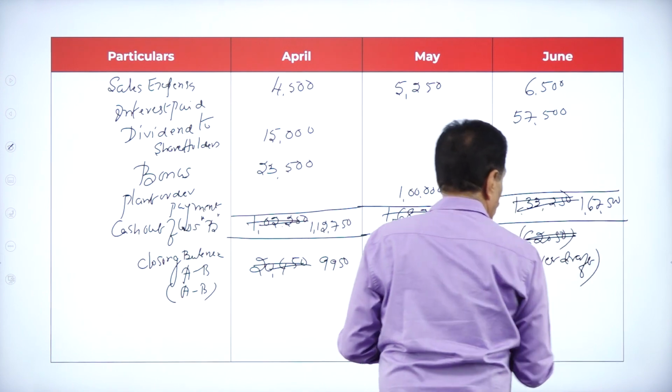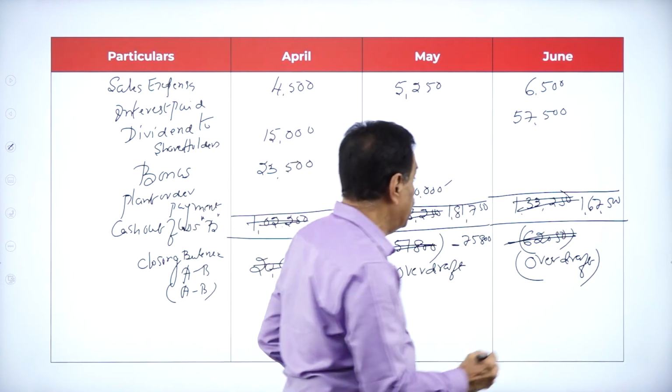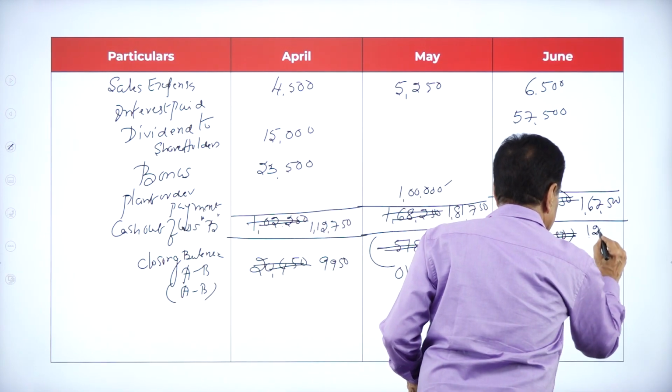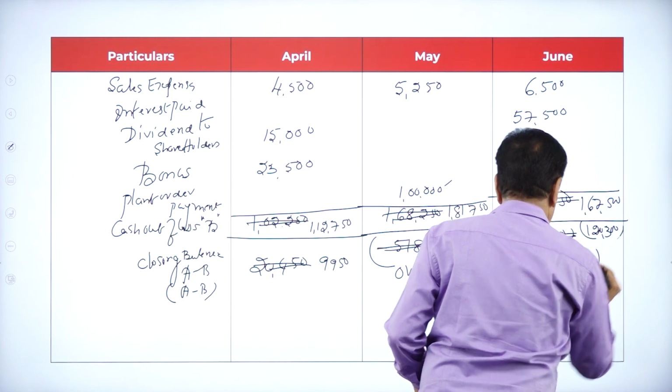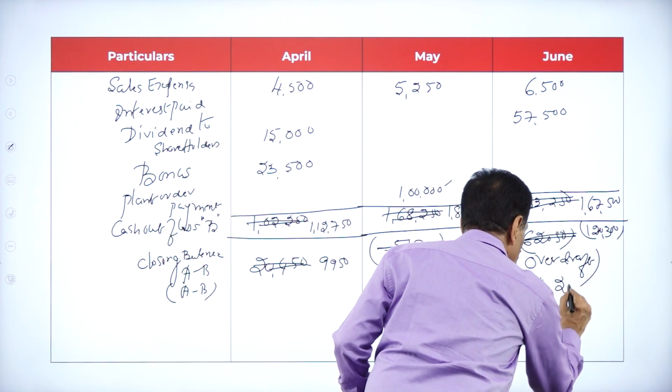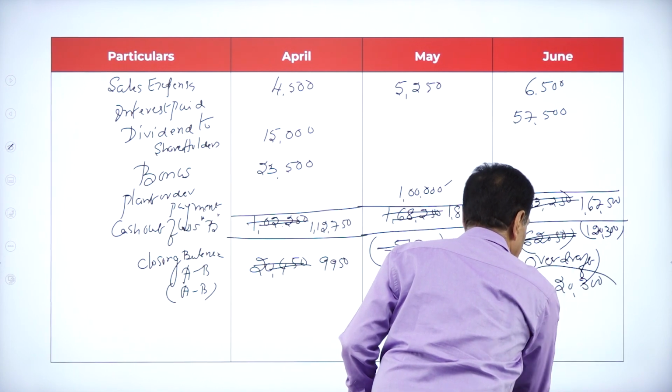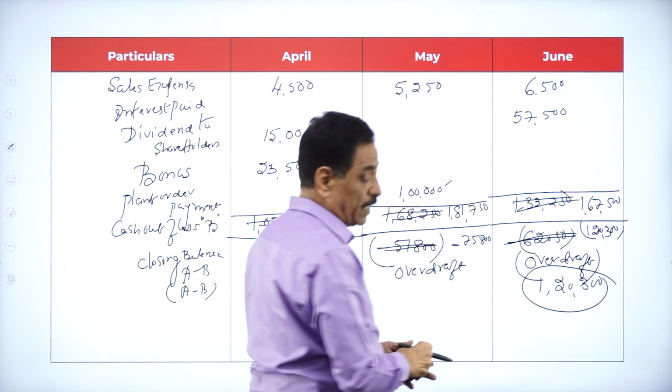Here, 1,20,300. You can say 1,20,300. So this is overdraft facilities.